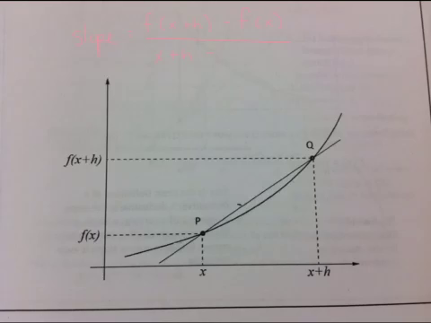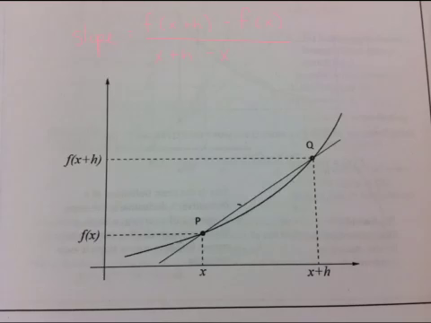So what we're trying to do is find that slope value when P and Q are getting really close together. So we're trying to take the limit of that equation as that value h approaches 0.